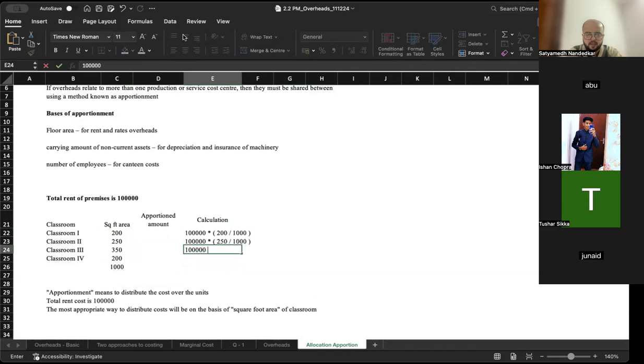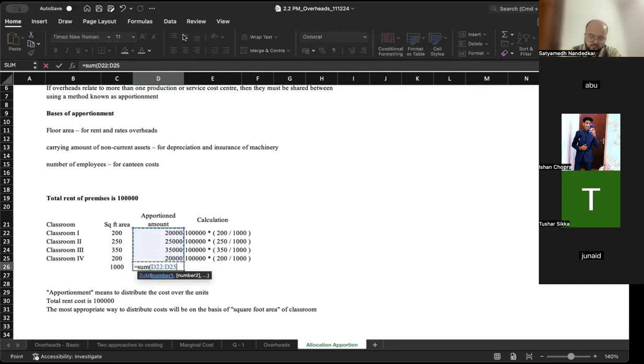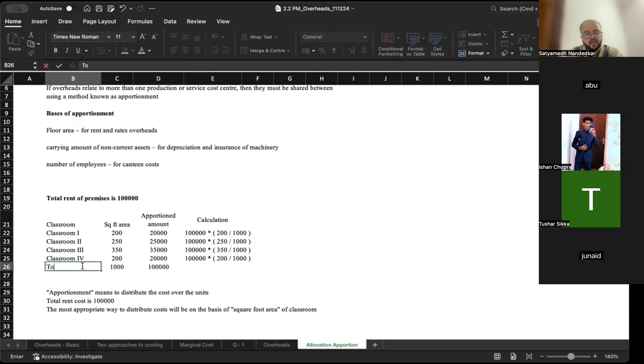Then 1 lakh into 350 upon 1000. And again 1 lakh into 200 upon 1000. This will be how much? 20,000, 25,000, 35,000, and another 20,000. This is my total calculation.